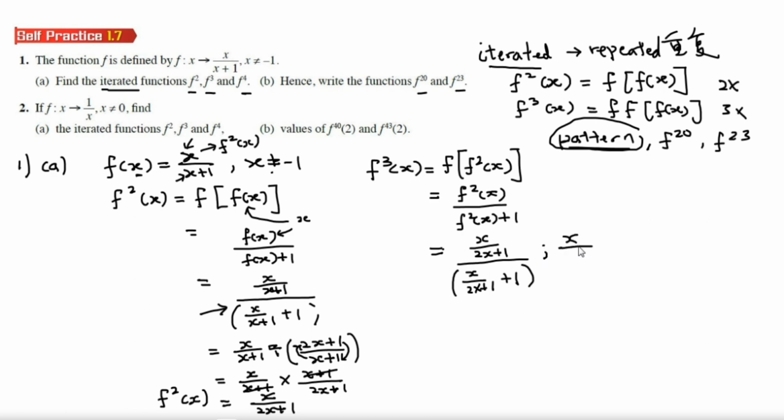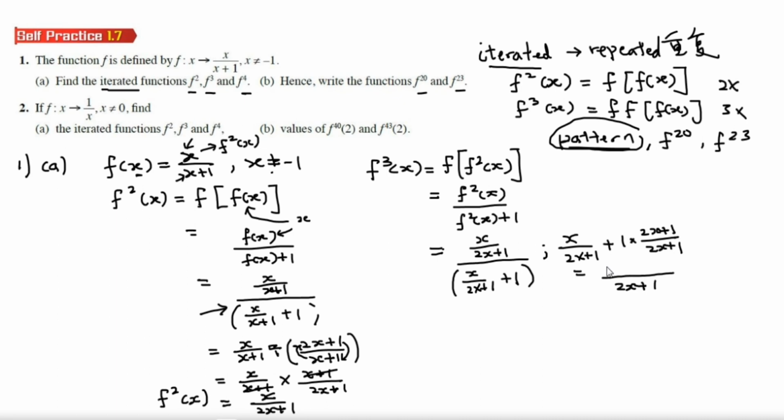So x over 2x plus 1 plus 1. Find the common denominator. We times with 2x plus 1 over 2x plus 1. 找同样的分母，乘同样的分母上下。So we have same common denominator, so we can combine it.